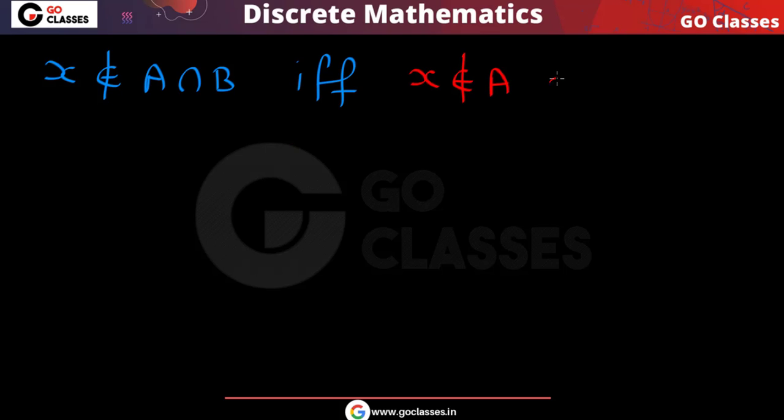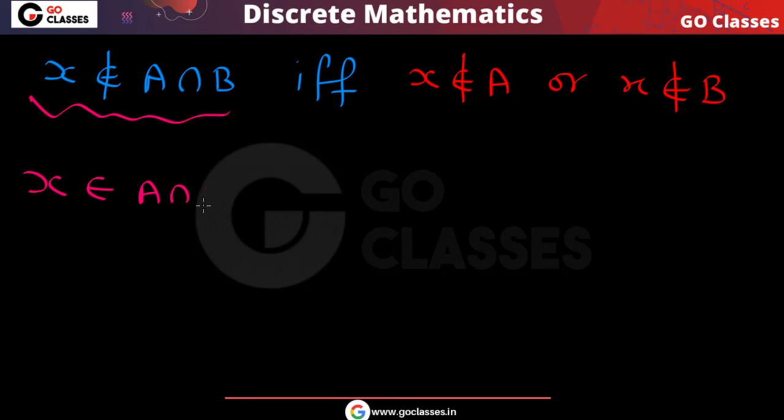It means that either X is not in A or X is not in B, because X is not in this intersection. What does this mean? This means that X belongs to the complement of A intersection B if and only if X does not belong to A, meaning X belongs to A complement.